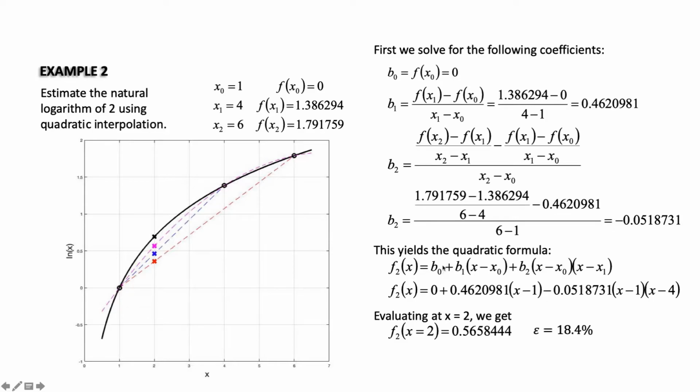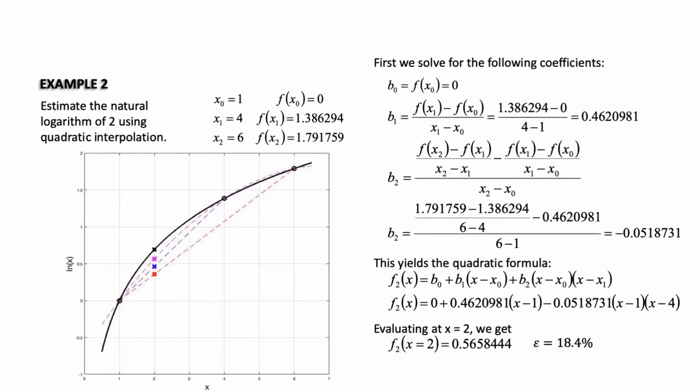So in the first term, we essentially don't have any expression for x here. In the second term, we have an expression x minus x naught. In the third term, we have two terms for x minus x naught and x minus x sub 1. So the question is, how do we implement this in MATLAB?